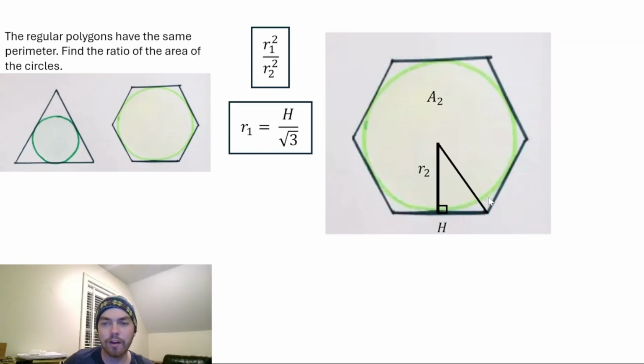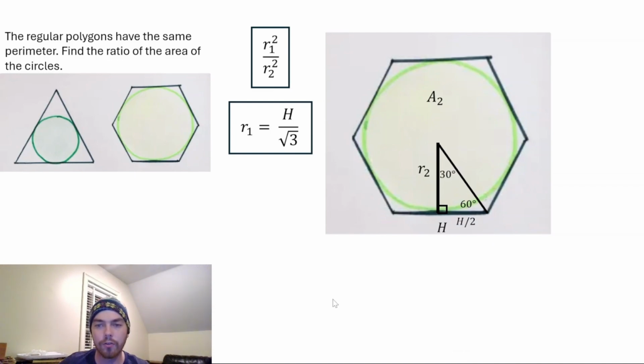In a regular hexagon, the angles are always 120 degrees. So half of that is going to be 60 degrees. And since the angles in a triangle always add up to 180 degrees, and 60 plus 90 is 150, that leaves 30 degrees for this last one. This is another 30-60-90 right triangle. And since this whole length is h, half of that is going to be h over 2.